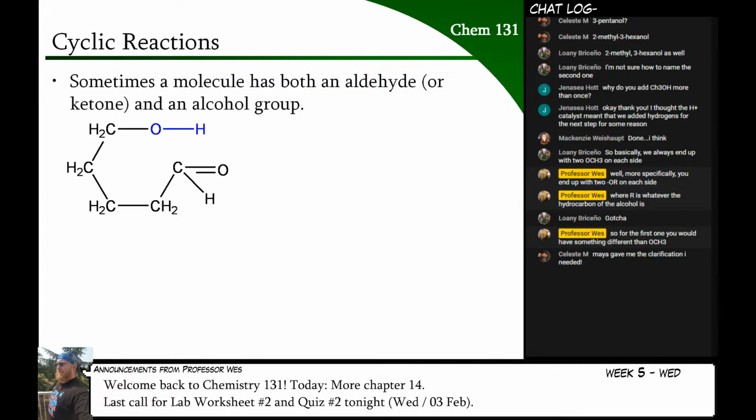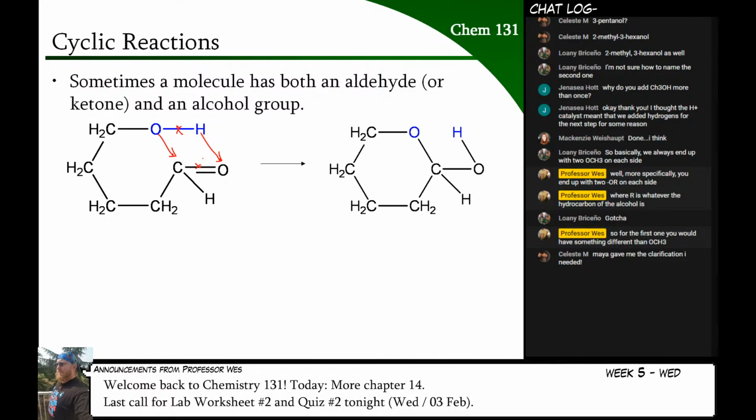What ends up happening in this case is that if I take my alcohol group that is on the tail end of this aldehyde, I can do the same thing. And so I can say, okay, my O is going to go here, my H is going to go here, and then I break these bonds. And I make a cyclic compound.